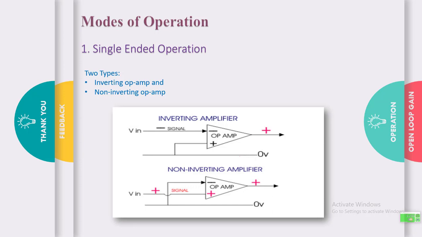Here we see the ground point, which is 0 volt. For inverting op-amp, again I repeat, the non-inverting terminal is 0 volt and output is 180 degree phase shifted. For non-inverting op-amp, the inverting terminal is 0 volt and output is the same as input.